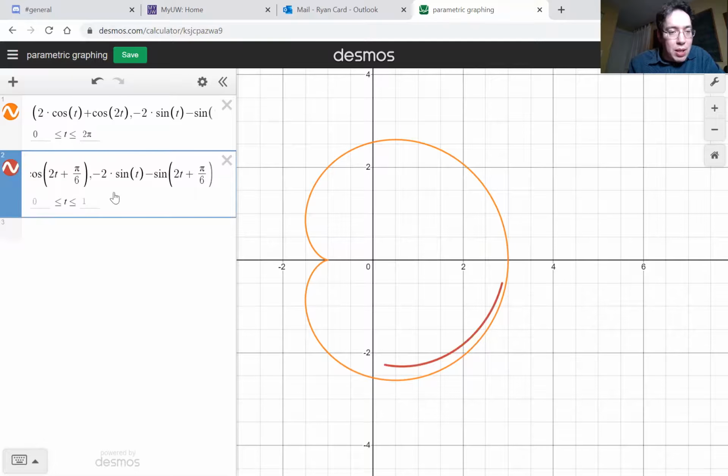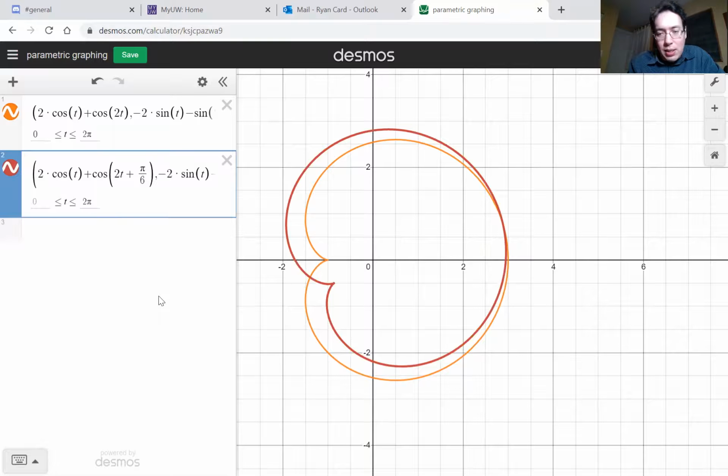Okay. And again, I'm going to go from 0 to 2 pi. So this is what the second gear on the same is tracing out.